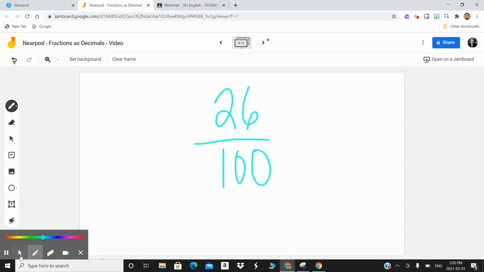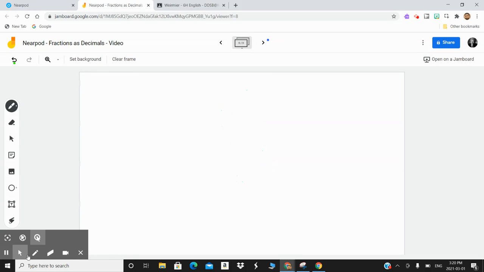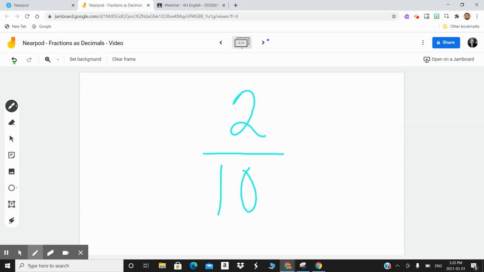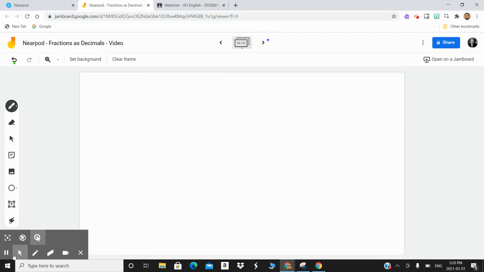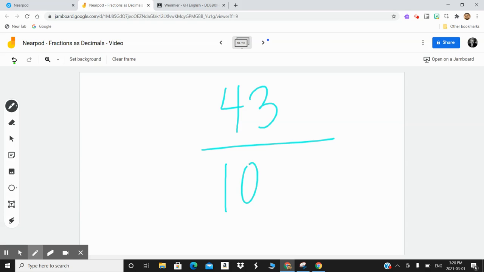Now you're going to select the correct answer. Here is my fraction. And pause to select the answer. And another one. And select the correct way to represent that as a decimal.